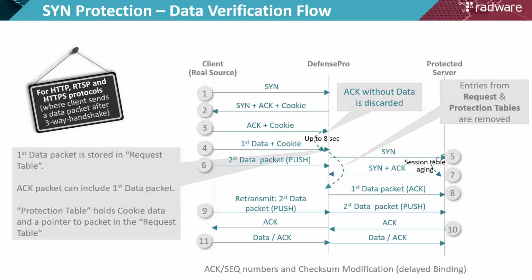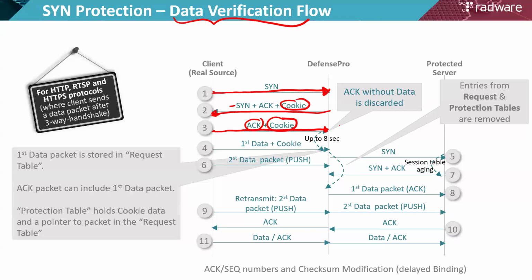Next, we have the data verification flow. It is similar: we send a SYN. The defense pro sends a SYN-ACK back along with the cookie. The client sends the ACK along with the cookie. In the previous flow, we were authenticating the client at this point, right?